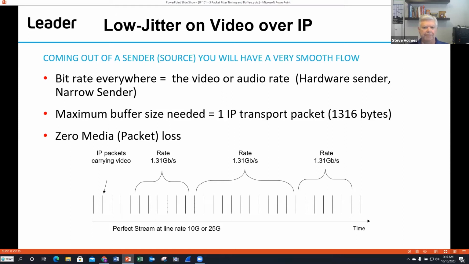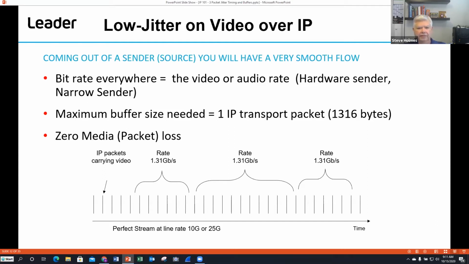So the pipe is not going to be 100% full coming out of the transmitter. We're going to have spaces between each one of the IP packets. So we're going to fill up an IP packet. We're going to ship it at line rate. We're going to fill up the next IP packet, ship it at line rate, fill up the next IP packet, ship it at line rate. So you're going to get out of the transmitter a nice, smooth, clean flow.